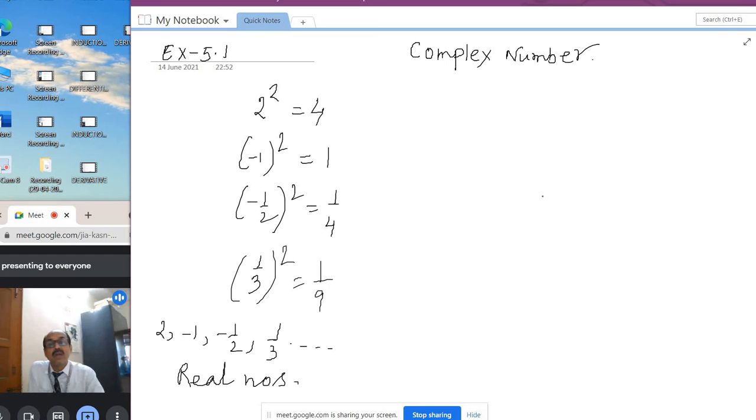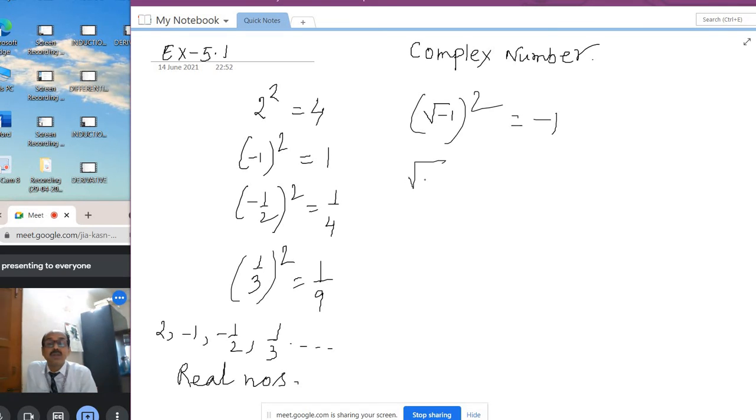Okay, see what type of numbers. Say under root -1 whole squared equals -1.